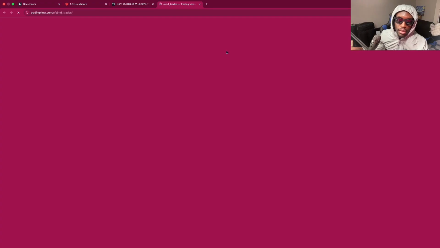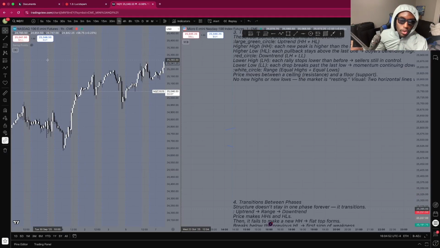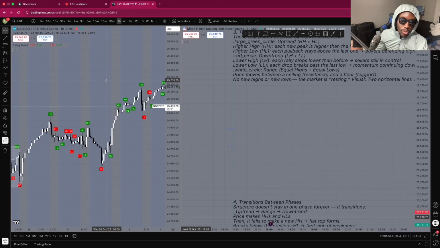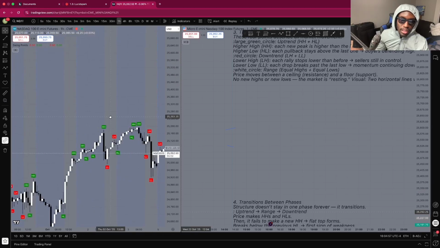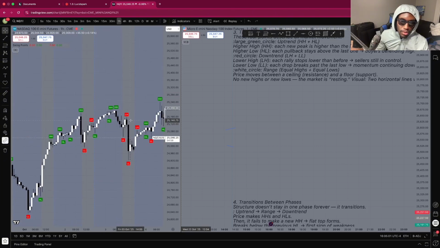AJMD Trades. So yeah, equip the swing points, and then you just get a visual representation of each higher high and each higher low. So lower low, lower high, lower low, lower high, and then we have a higher high, higher low.